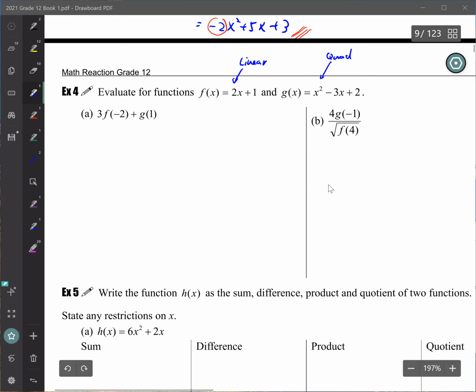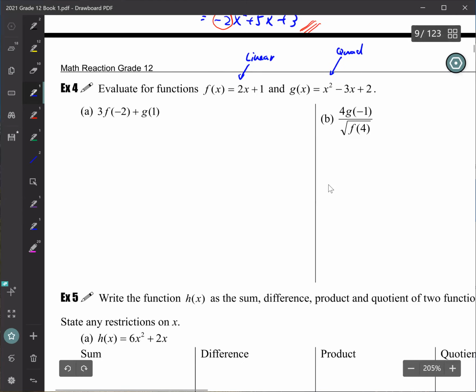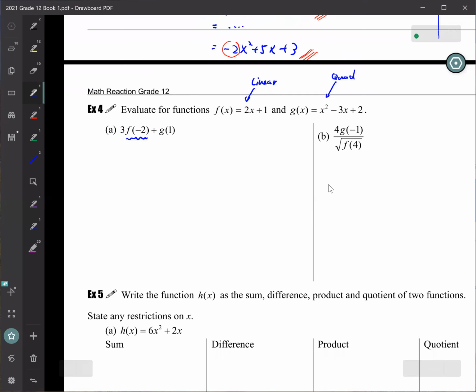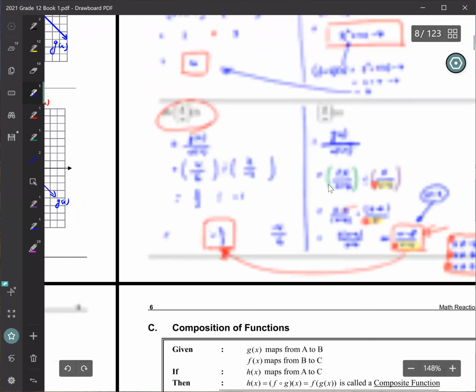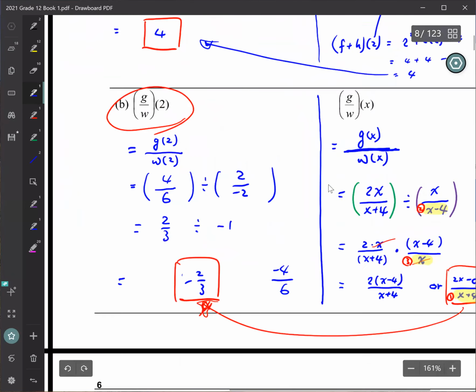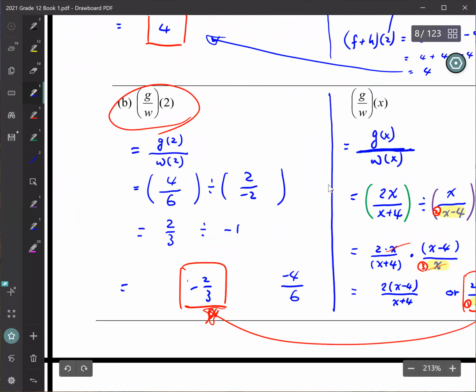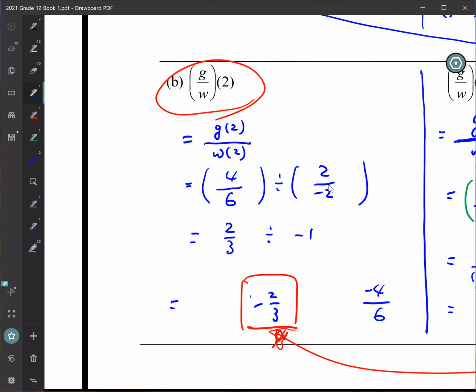If you look at this one, there's no x in question A. First of all, you need to understand what it wants you to do. You have a 3 in front of the f of -2. This counts as one thing, a single value, just like the way you calculated on the previous page, g of 2 over w of 2, which represent two different values.